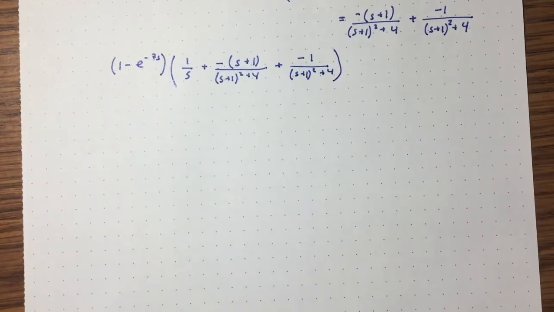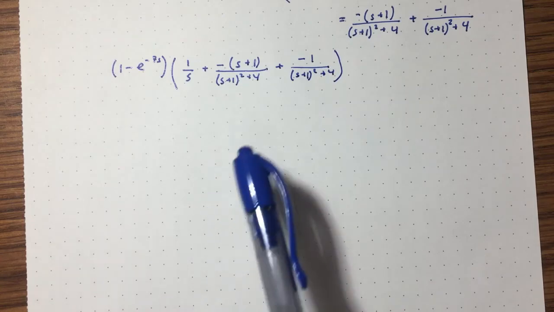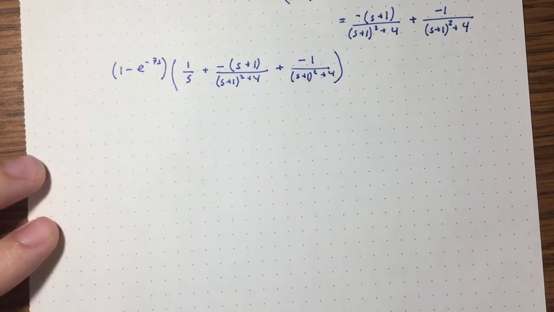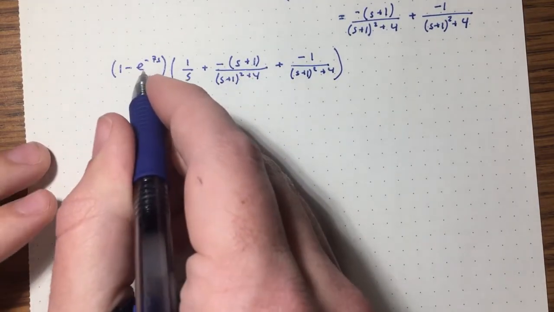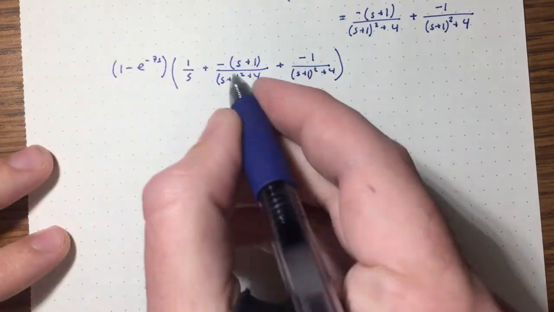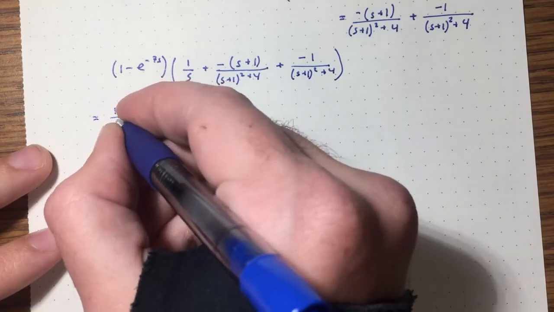And now I think I'm almost ready to take the inverse Laplace transform. But I think I was afraid of this, but I think I might want to multiply these all out. Let's just do it. So I need to do 1 times all of these.